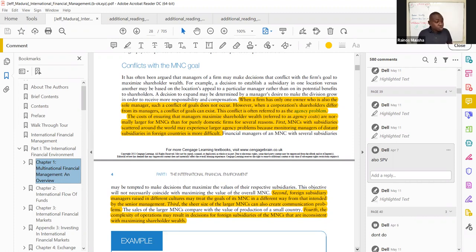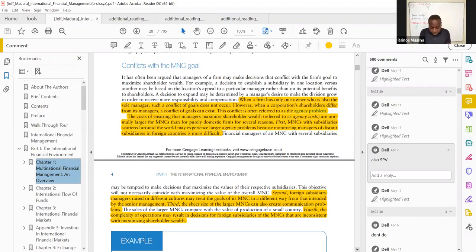So if the company originates from, let's say, China, there is a particular work ethic that they are used to. And because of that, it's going to be very difficult for the managers to understand exactly how to adjust to the different cultural backgrounds that the managers are coming from.